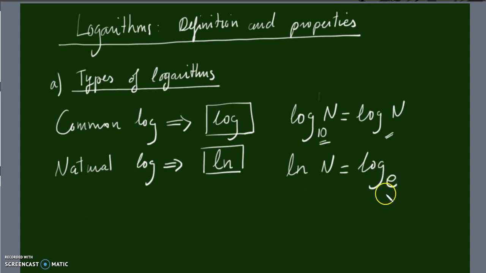The number e is also called the exponential number e. And this is an irrational number that is more or less 2.718, etc.